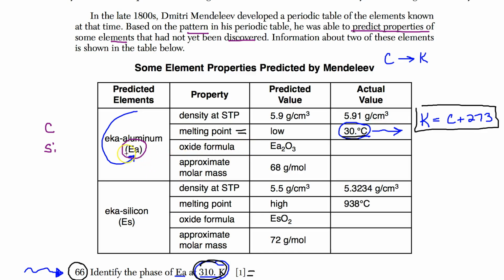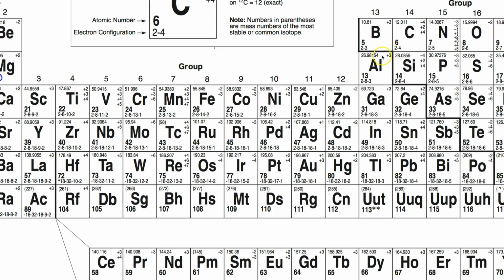So if we go to the periodic table, we'll find that aluminum has 3 valence electrons, and because it's a metal, it becomes +3. And we could build the formula they're asking for in 67 based on that. If we go to the periodic table, we can see where aluminum is and see that it would become +3. So anything that's like aluminum has the same chemical properties, has 3 valence electrons.